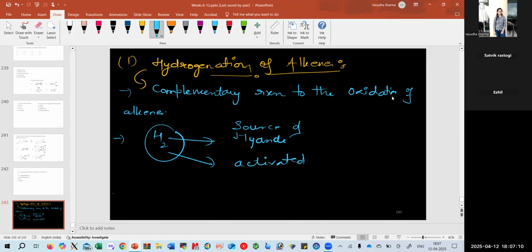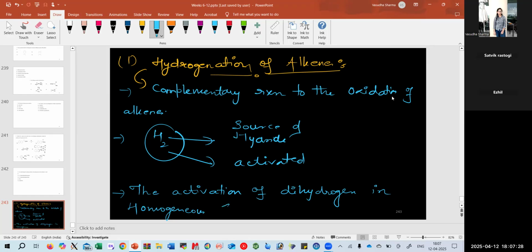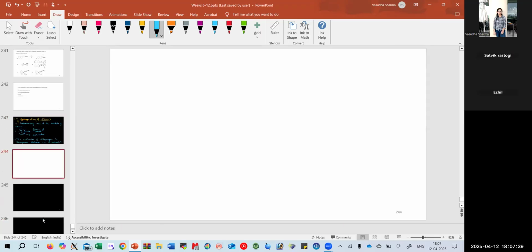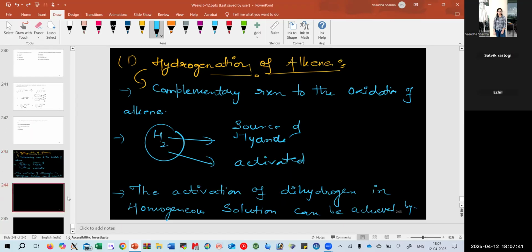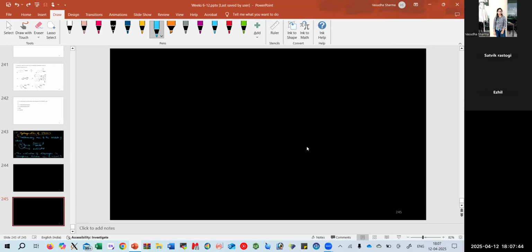The activation of dihydrogen in homogeneous solution, so everything is occurring in a homogeneous medium, can be achieved in three ways.